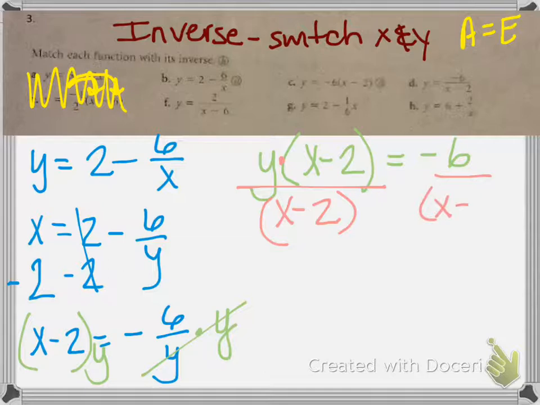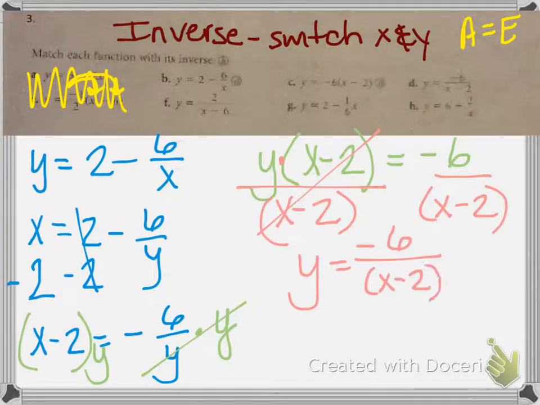And same thing over here. So this cancels, leaving me with y equals negative 6 over x minus 2. And let's see, hopefully this is a match up top. Yes, D, right?